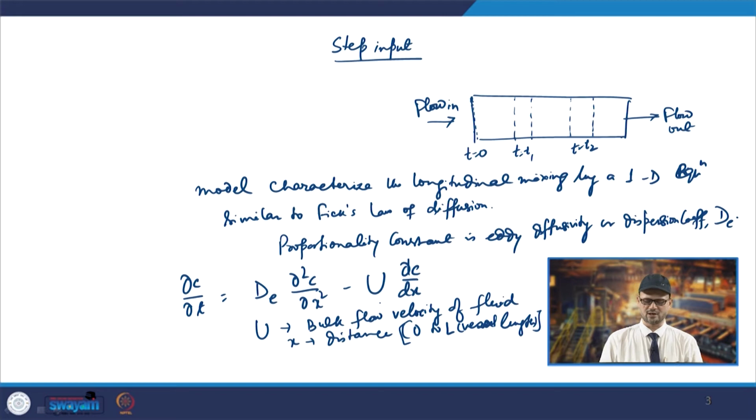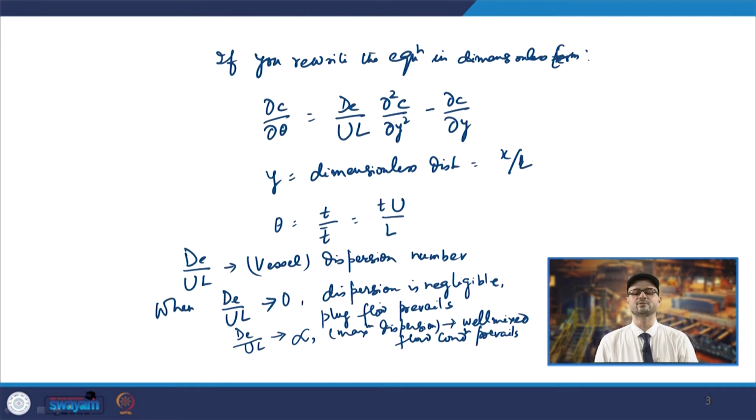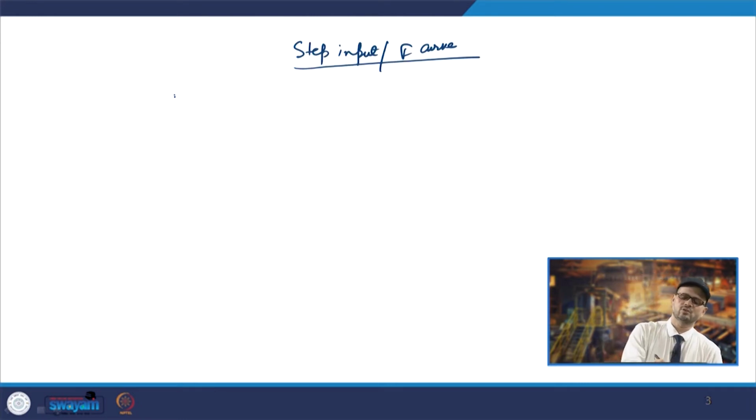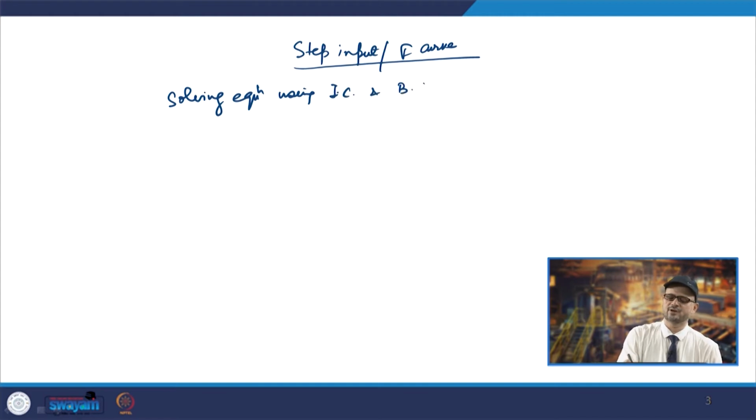Now this equation can be solved, and you will have to use the initial as well as the boundary conditions. So, solving the equation using the initial condition and boundary condition.